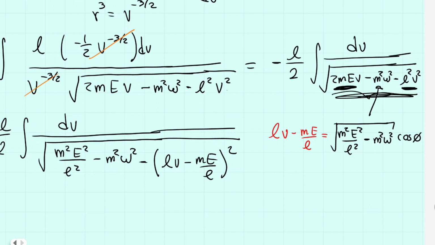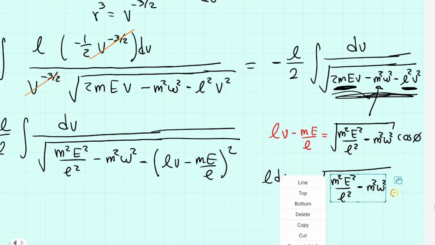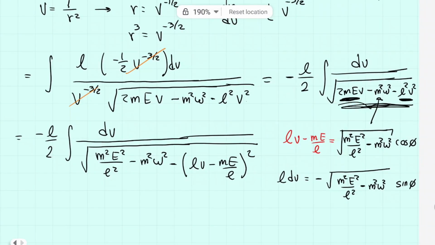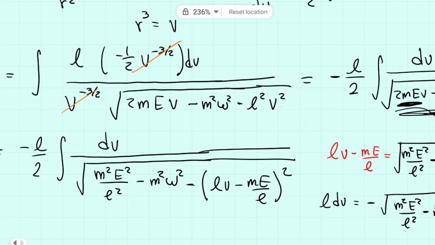If we have that change of variable, we need to calculate dv. So L dv is going to be equal to negative the square root of this times sine of phi. So look, in our integral, that is what we have here.